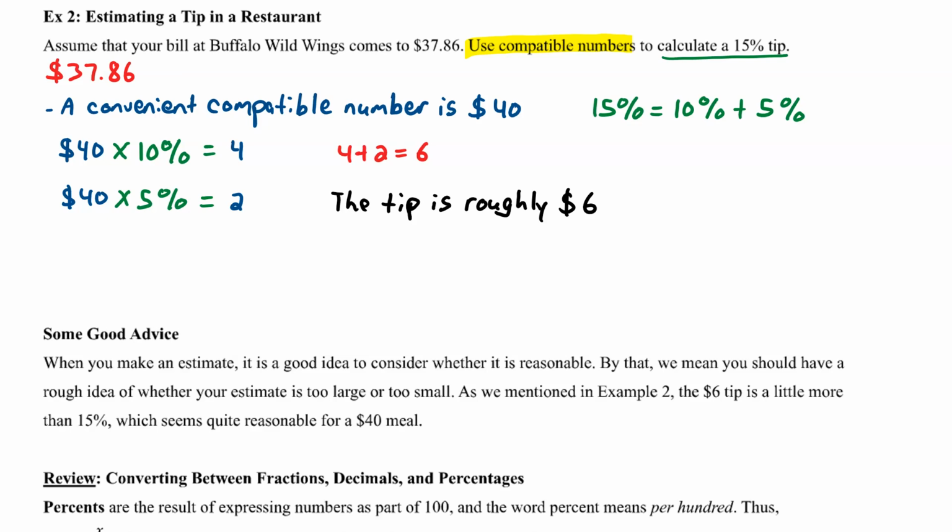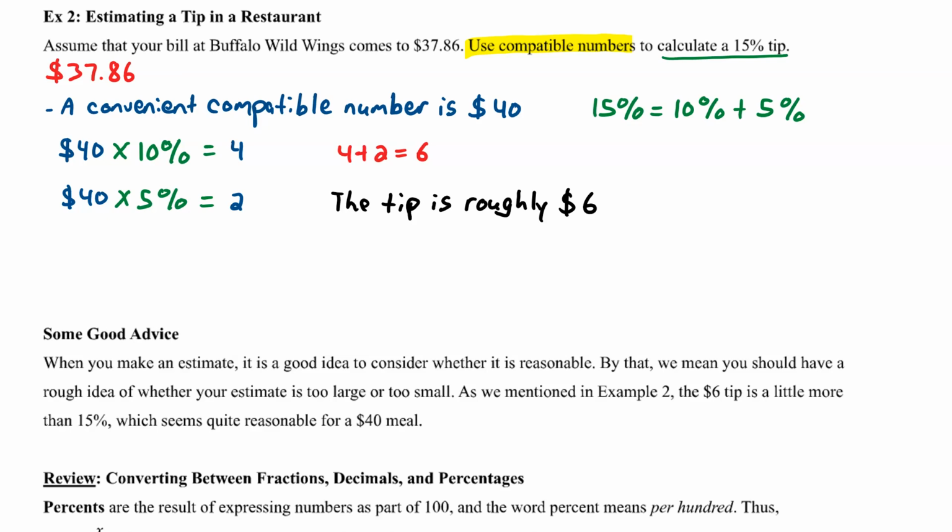So another piece of advice is that when we are making an estimate, it's good to think about whether it's going to be reasonable. We should have an idea as to whether that estimate is too big or too small. Like we said here, the $6 tip is a little bit more than 15%, which does seem quite reasonable for a $40 meal.